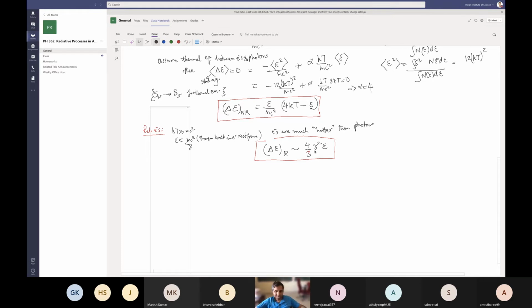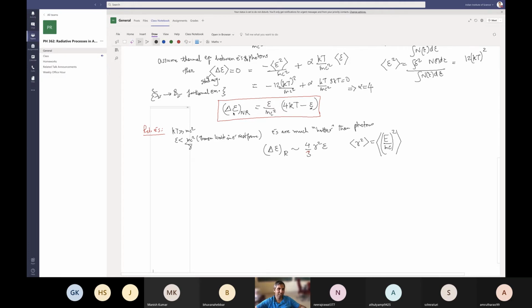Okay, so how do we relate gamma squared to temperature? We know that gamma squared is equal to E by mc squared.